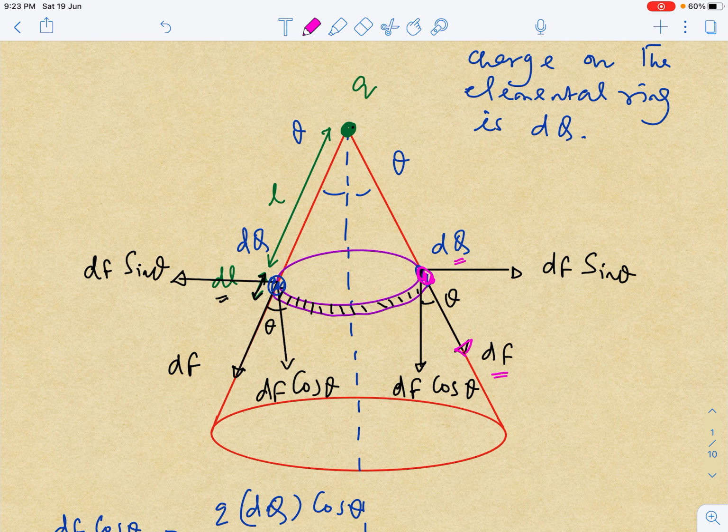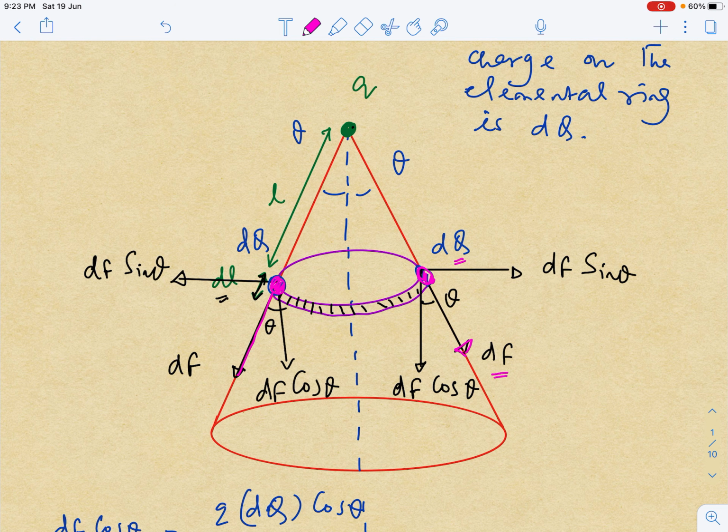So if I resolve dF into two components, we will get this as x component and this as y component. The x component will become dF sine theta as you can see here, and the y component will become dF cos theta as you can see here. Similarly, on the left side also I have taken one element symmetrically opposite.